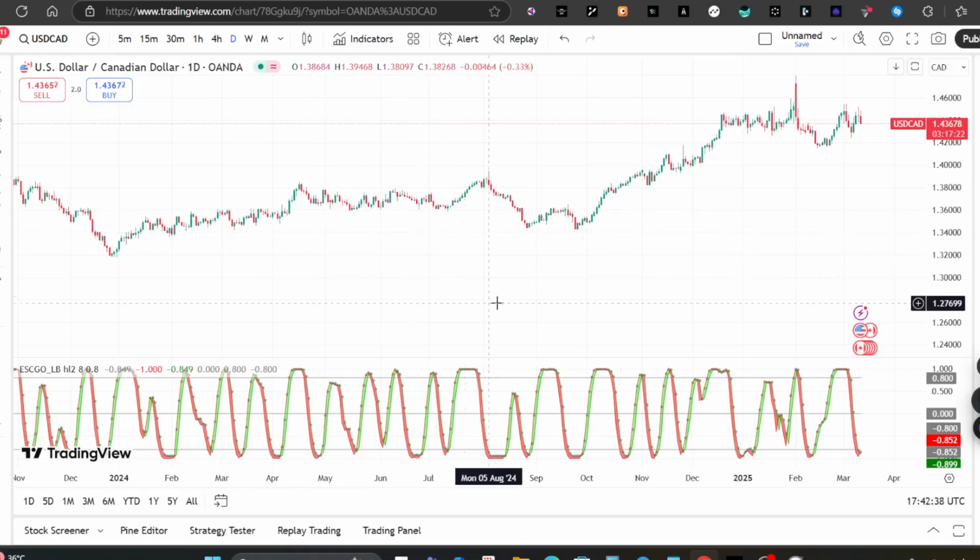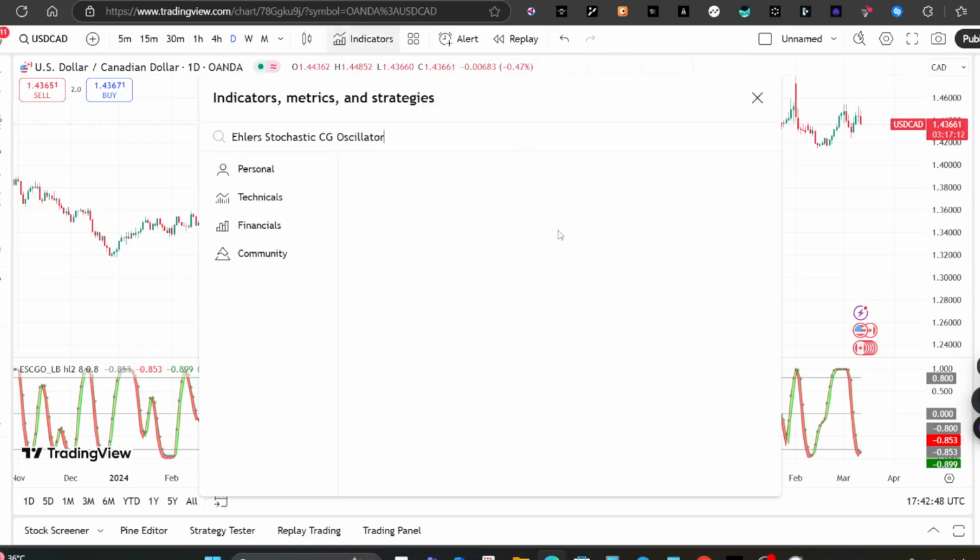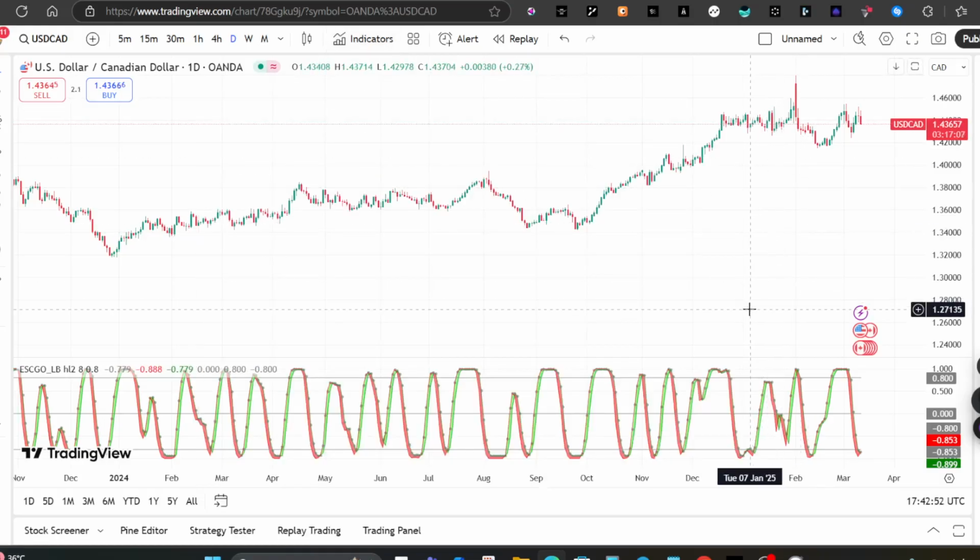The second step is, in the indicator search bar for TradingView, you can just search for Ehlers Stochastic CG Oscillator. Now, if you're using the MetaTrader platform, you can just download it as a custom indicator and add it to your indicators library. After which you will have to restart your trading terminal and then add the indicator to your chart.